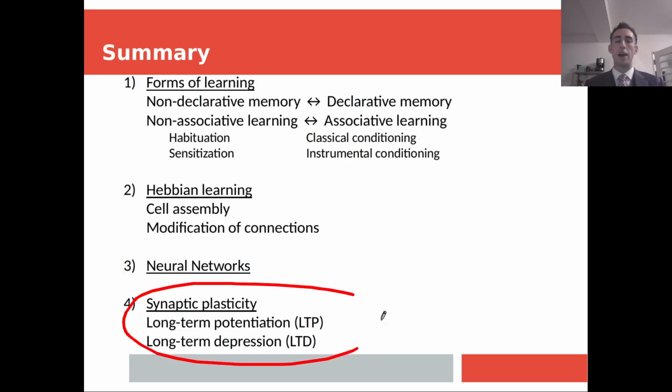And finally, I covered some of the mechanisms, which I overviewed very briefly, of how that type of Hebbian learning could be implemented in the brain, specifically as long-term potentiation, LTP, and long-term depression, LTD, which operate via action potentials in the pre- and postsynaptic cells.